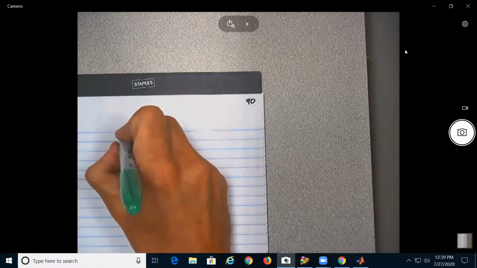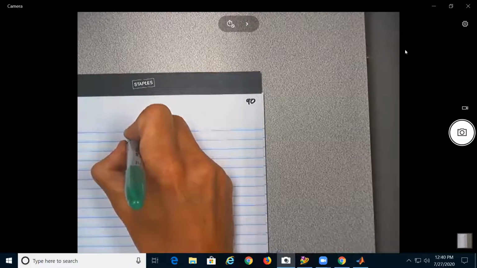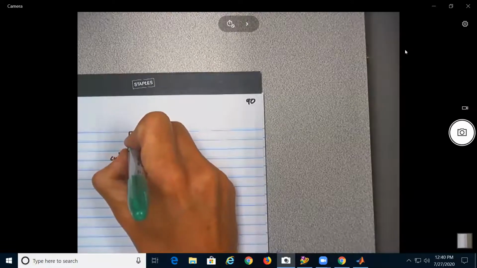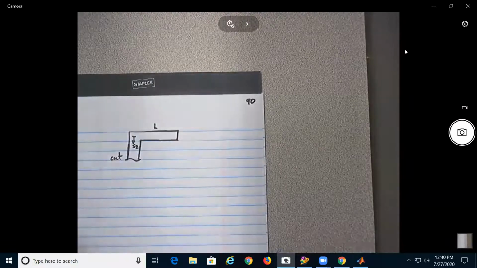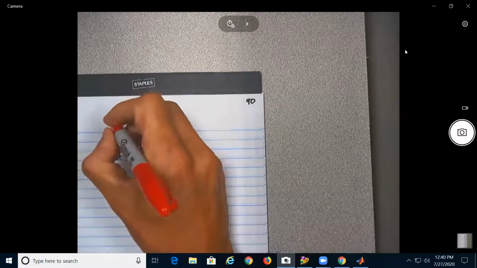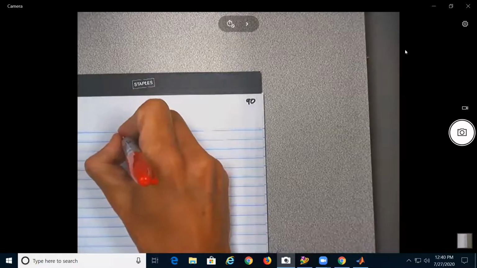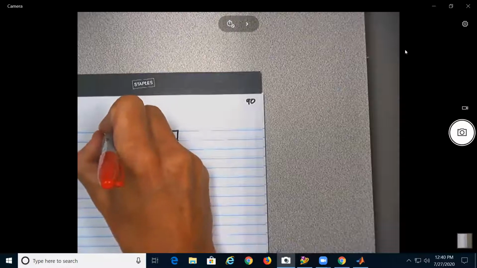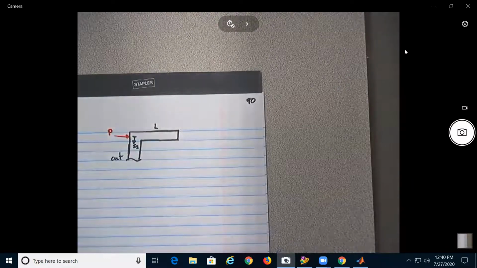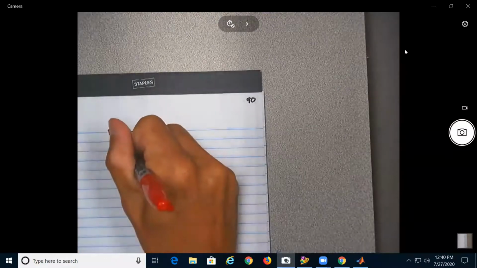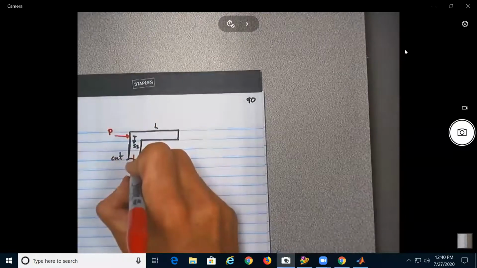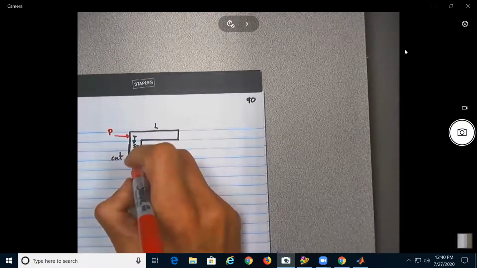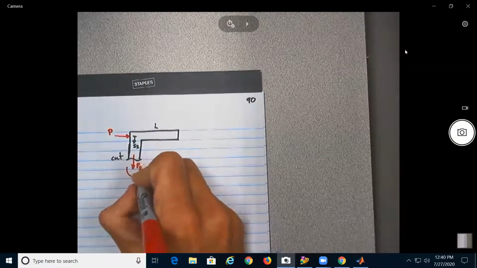Now this will be S2. We have our force here applied, P. We are looking for P2. And we have the moment over here.